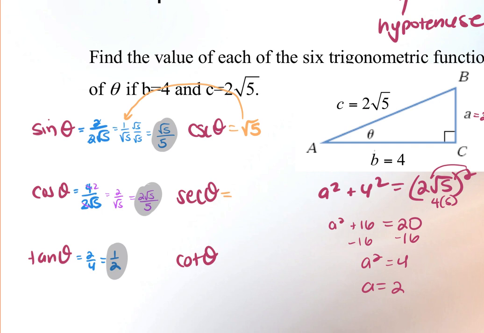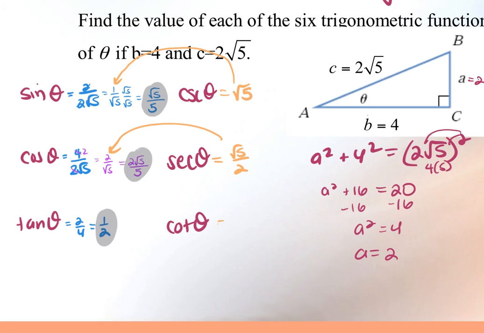For secant, I go back to before I rationalize and flip it, so it's root 5 over 2. And for cotangent, it doesn't matter. We didn't rationalize it, so flip 1/2 and I get 2. Questions so far?